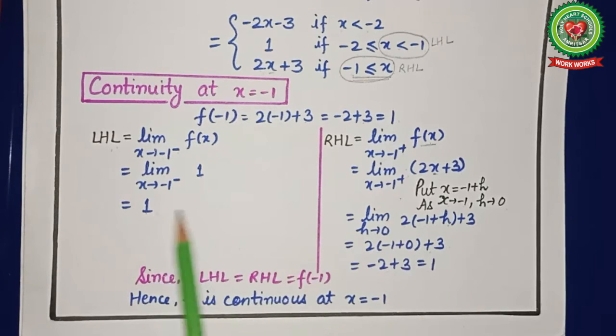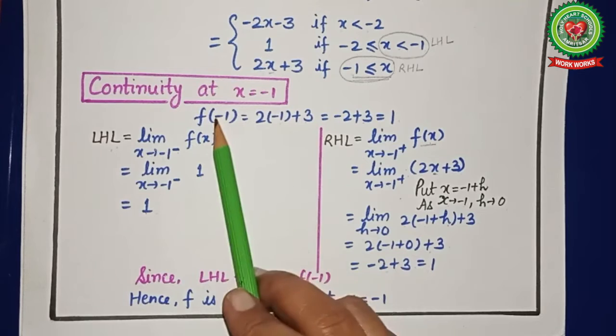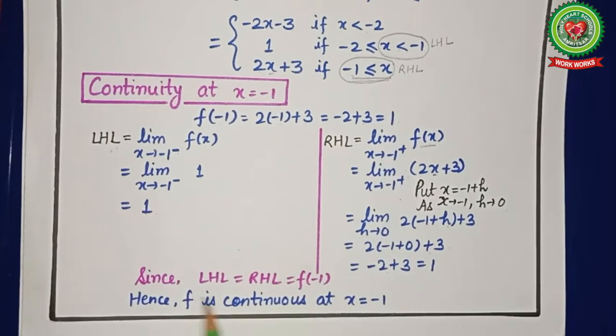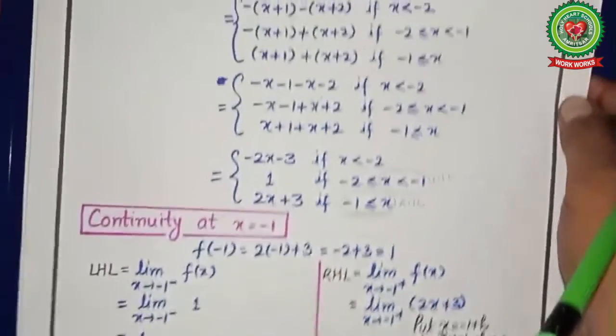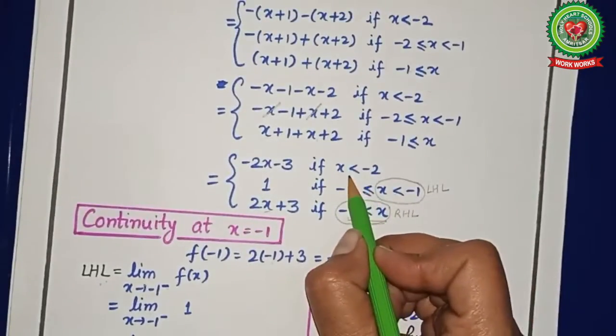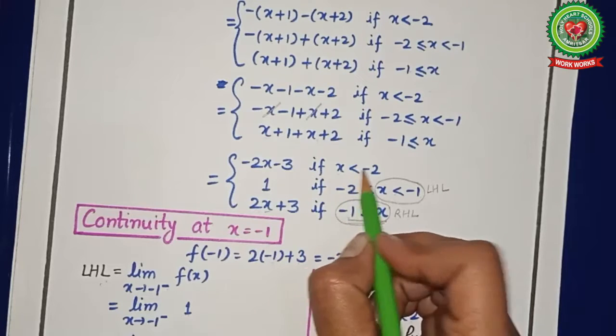Now, left hand limit, right hand limit and value of the function at minus 1 are all equal. So, we can say that f is continuous at x equal to minus 1. In the same way, we will check the continuity at x equal to minus 2. Now, look here again.